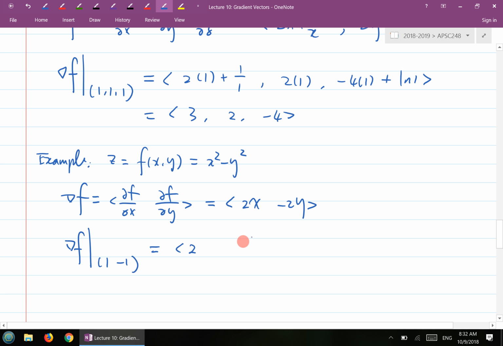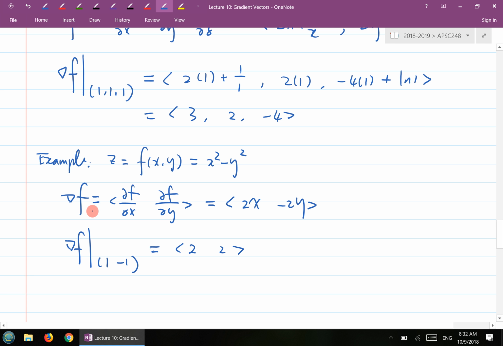You get 2, and 2 multiplied by negative 1 is negative 2. So 2, 2. That's the gradient vector at 1, negative 1.